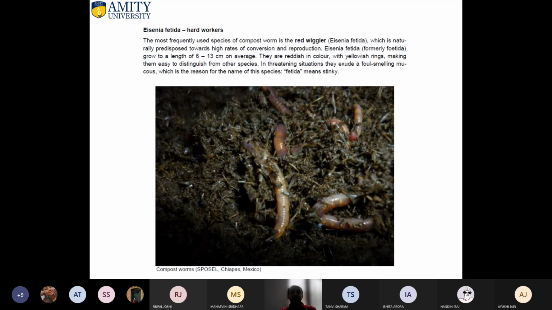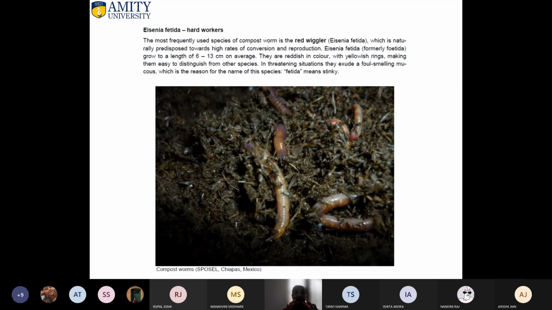So Eisenia fetida have a very fast activity. They convert the material at a much faster rate in comparison to any other worms. 3500 worms can consume up to 1 kg of kitchen waste in a day.